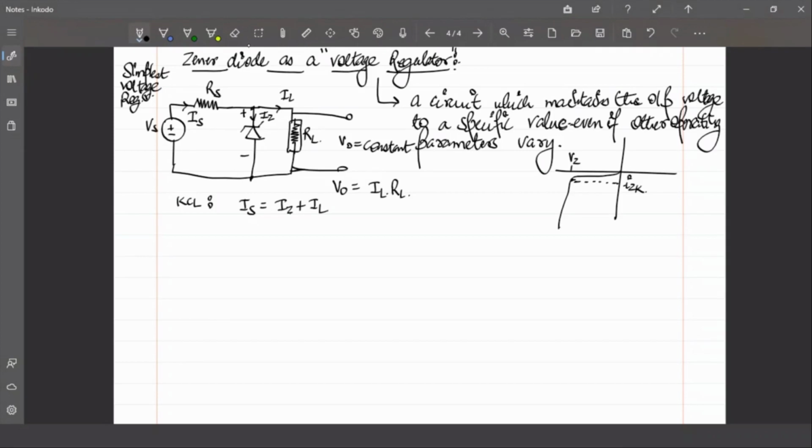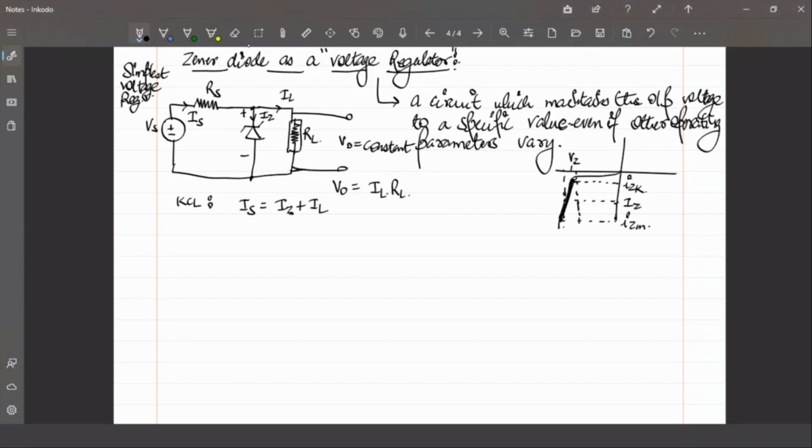Now, if your IZ is between IZK and this peak value, IZ max, anywhere on this darkened path of the graph, then your device is in the reverse breakdown condition. What will happen in that case?